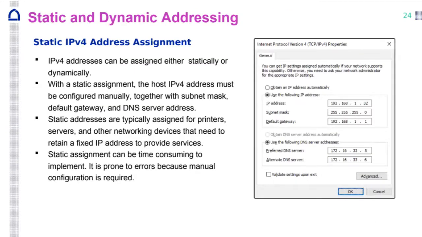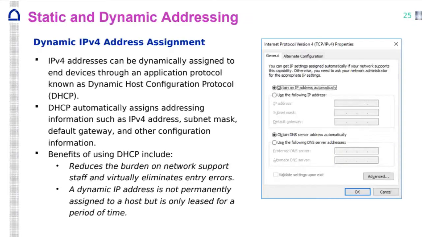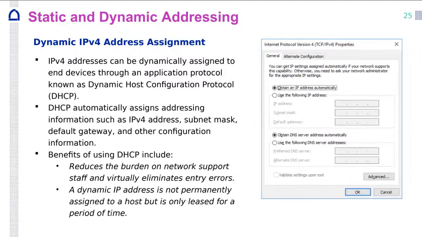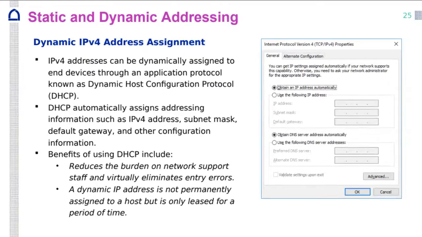Static is something you add by yourself, the IP address. You can assign a static IP address to the host. We have done this in the lab. We will do it again in more labs to come. We can also use dynamic assignment using DHCP.